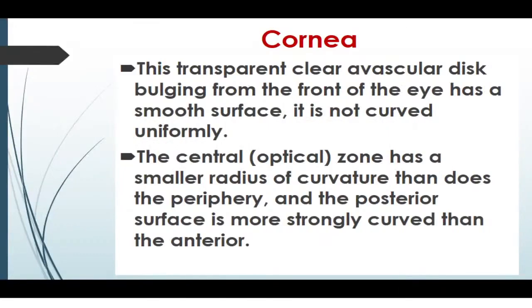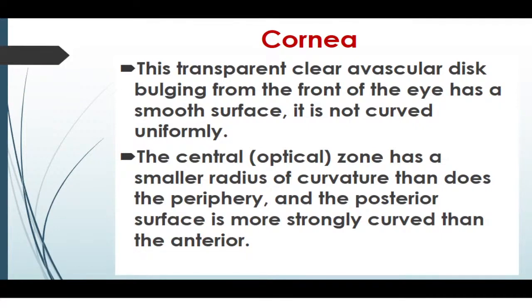Well, the cornea. It is a transparent, clear, avascular disc, without any vessels. Remember, whoever tells me that there is any vessel in the cornea gets a bad mark, because it's an avascular disc. Bulging from the front of the eye, it has a smooth surface, but it's not curved uniformly.